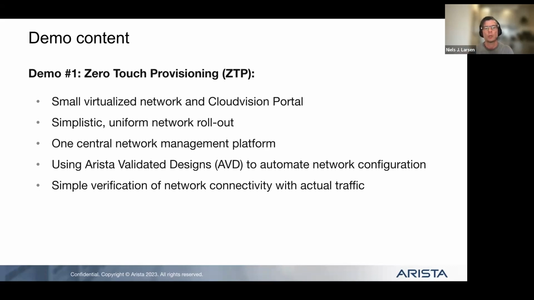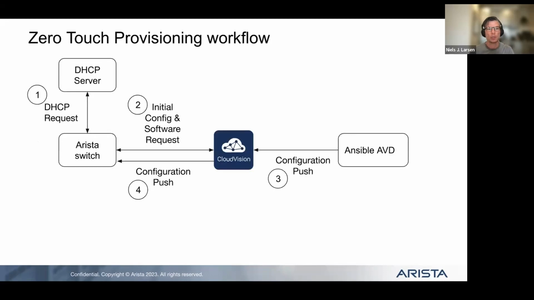You have someone mounting, racking, and stacking the Arista boxes, pulling them out of the cardboard boxes, powering them up, connecting them. And then what will happen is the Arista switch will, on all connected interfaces, ask for a DHCP address. So the Arista switch, shown here on the left, the first thing it will do is ask for a DHCP request on all its interfaces with a link.